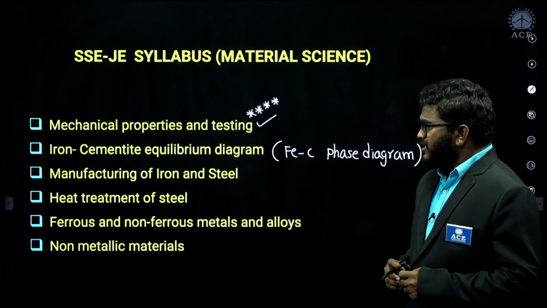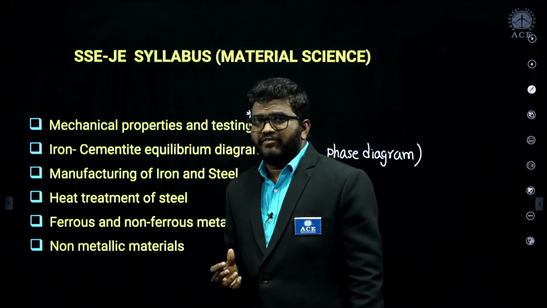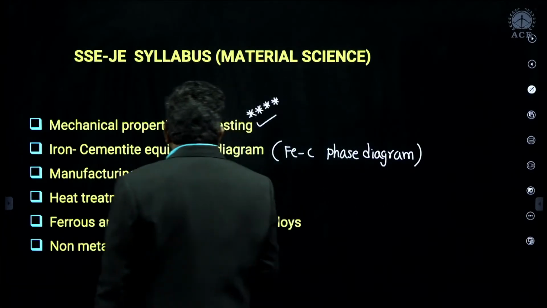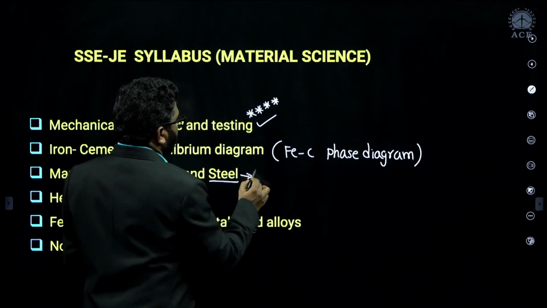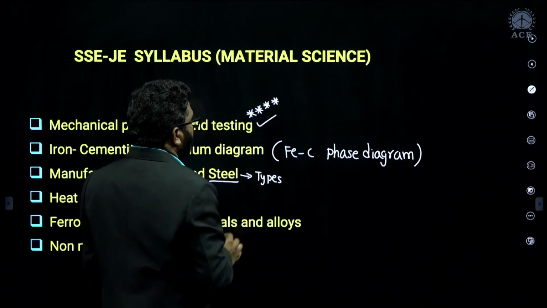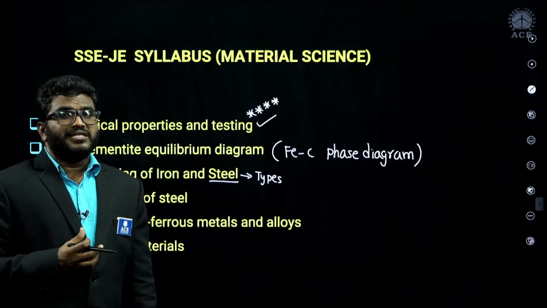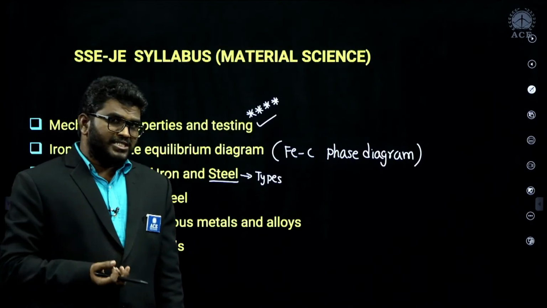And after that, they will ask you questions. They may not ask you about manufacturing of iron, like what is a blast furnace, all these things, but they will ask you questions related to steels, like types of steels: low carbon steel, medium carbon steel, high carbon steel, what are the percentages of carbon in all these types of steels, what is an alloy steel.